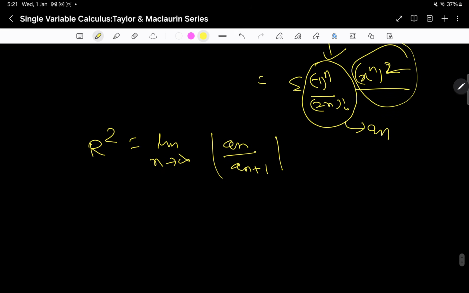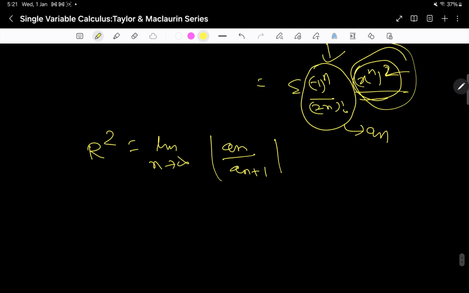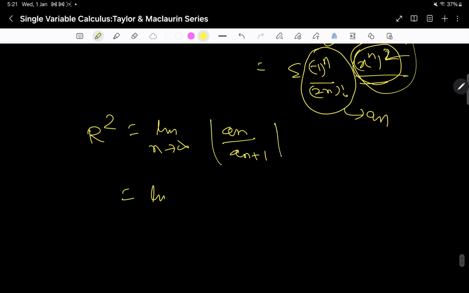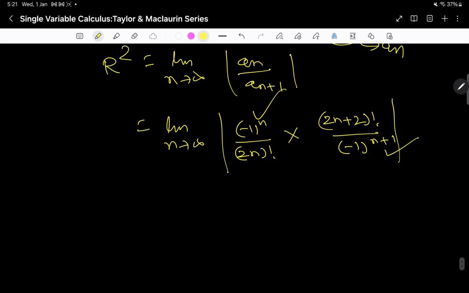Okay. So because this is (x to the power n) whole square, accordingly we will take the power. So this is equal to limit n tends to infinity of (minus 1) to the power n by 2n factorial into 2n plus 2 factorial, right, by (minus 1) to the power n plus 1. So now this (minus 1) to the power n and this, it becomes positive because we have a modulus sign here.